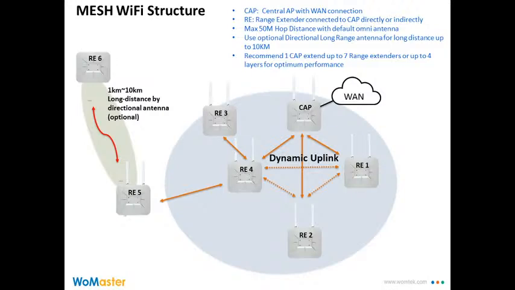Here is the mesh Wi-Fi structure built up by the WA512GM series. There are two parts in this topology. In the right-hand side is a mesh network. There are 5 mesh devices with the OMNI antenna in it. The maximum distance is around 50 meters, and there is a CAP to connect to the WAN.